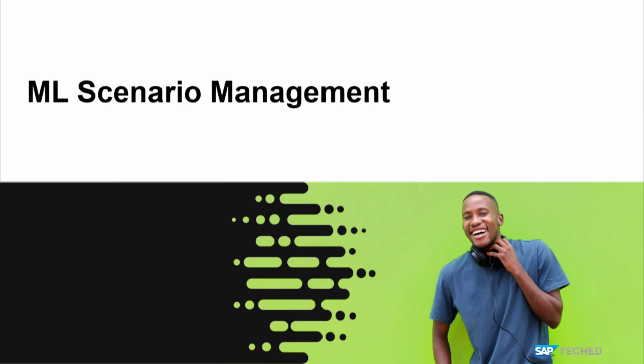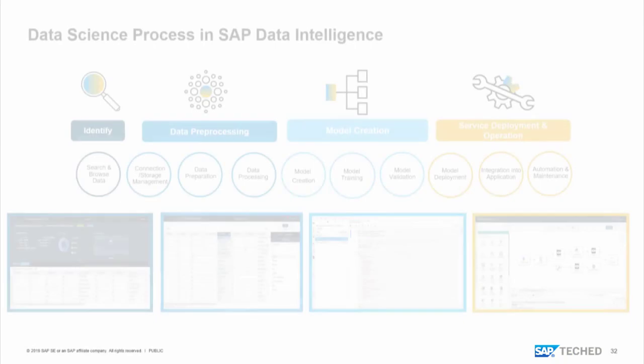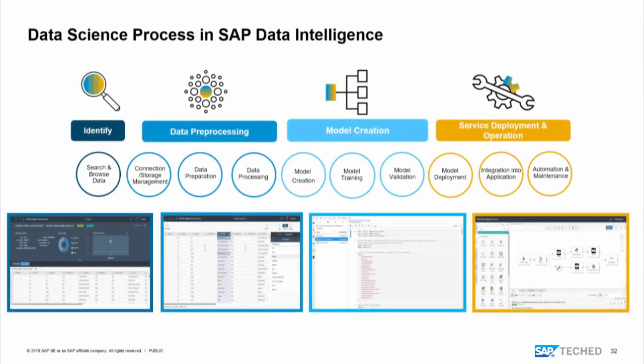What you learned within the last 40 minutes, if you combine all of that together, we have the possibility to search for the data, to connect to a source, and we went into the pipelining and the data preparation, so how you can easily transform the data.